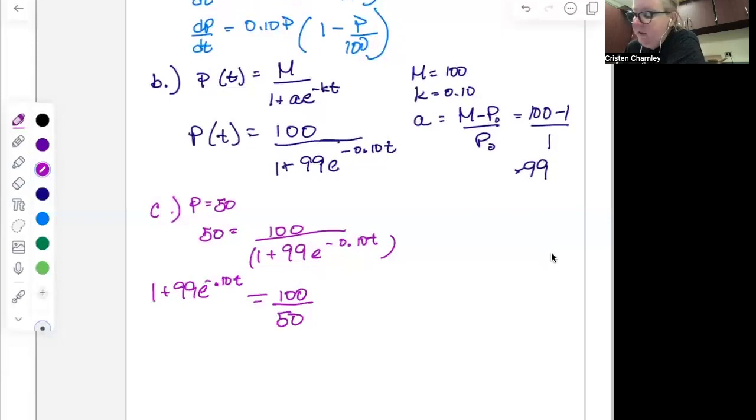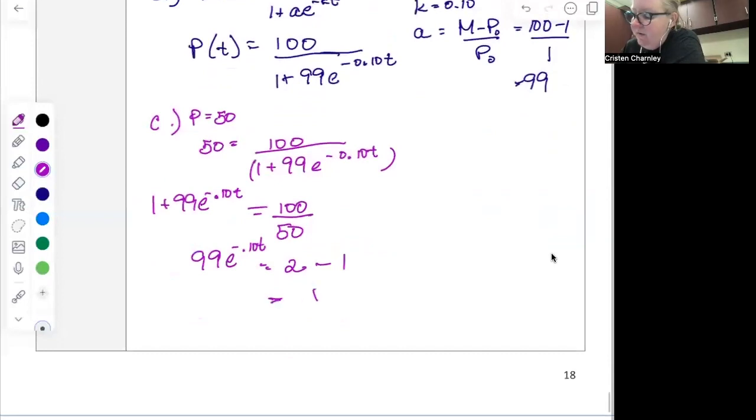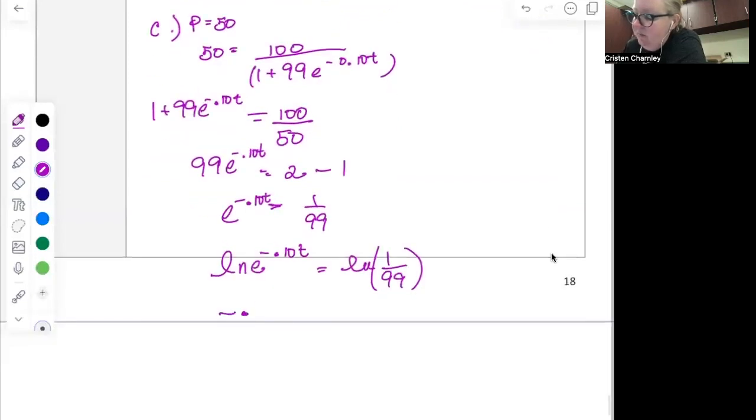I know 100 over 50 is 2. I'm going to subtract the 1 from the left. So 99 e to the negative 0.10t. When I divide, I've got 1 over 99 equals e to the negative 0.10t. We need those natural logs. So natural log of e to the negative 0.10t is equal to natural log of 1 over 99. Negative 0.10t equals, I'm going to simplify this a little bit, natural log of 1 minus natural log of 99.